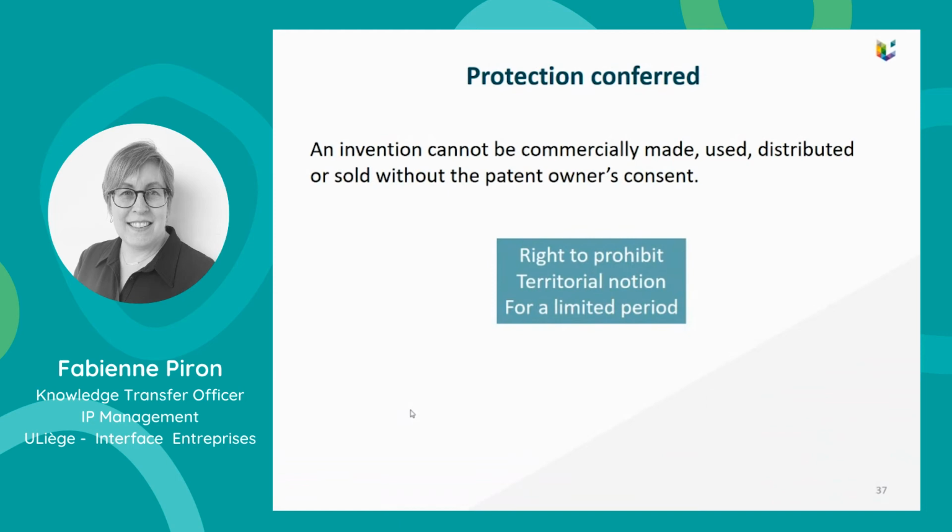In general, the period is 20 years. There are some exceptions in the domain of phytopharmaceutical or pharmaceutical products, where there is the opportunity to get an extension of the duration of maximum 5 years. But in general, the duration of a patent is 20 years maximum. So an invention cannot be commercially made, used, distributed, or sold without the patent owner's consent.